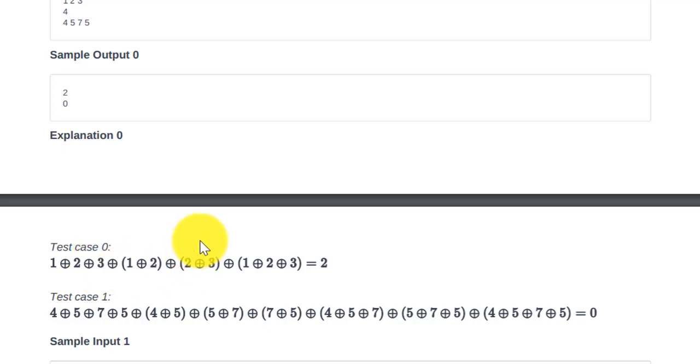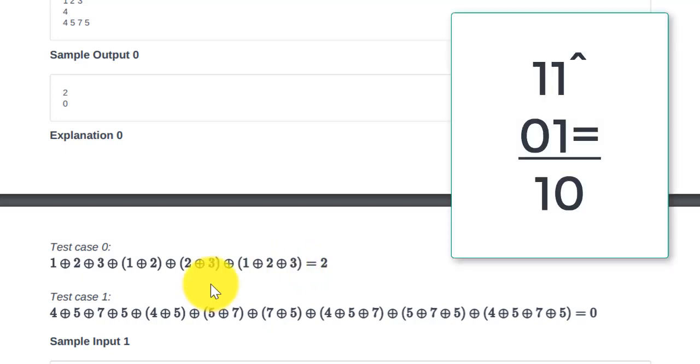We have 1, 2, and 3 repetitions of number 3. So we are taking number 3 as well. So the answer is gonna be 3 XOR 1, or 1 XOR 3 as you wanna say it. And remember that 3 XOR 1 is equal to the answer that they are actually giving us.